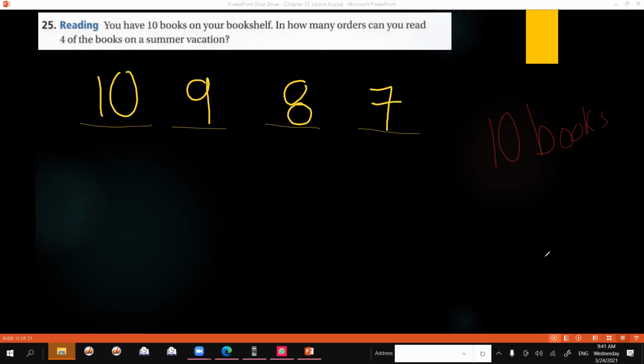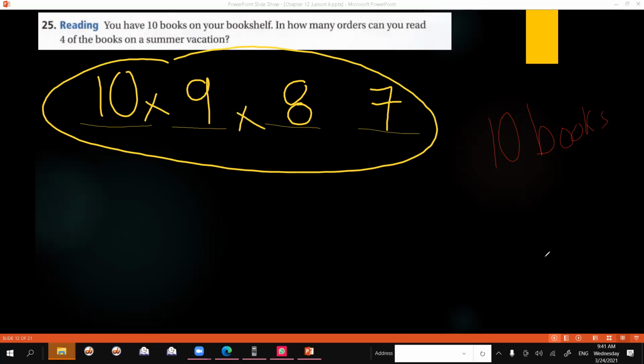So if I'm asking you now, you have 10 books and want to read 4 of them only, you have to multiply the first 4 numbers.